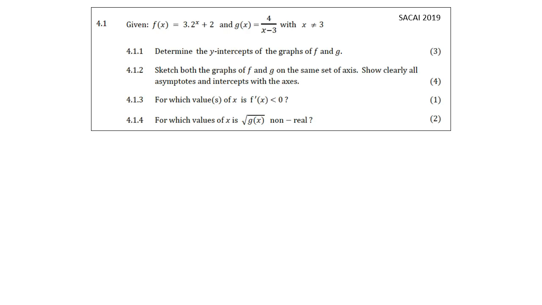Let's look now at question 4.1 from the Sakai 2019 question paper. Here they give us fx equals 3 times 2 to the power of x plus 2 and gx equals 4 over x minus 3 with x not equal to 3. In this question, we are given two functions.